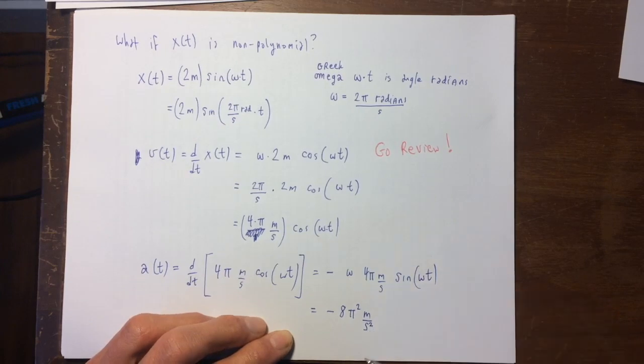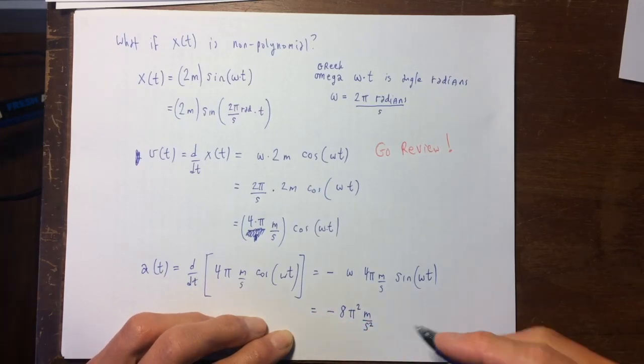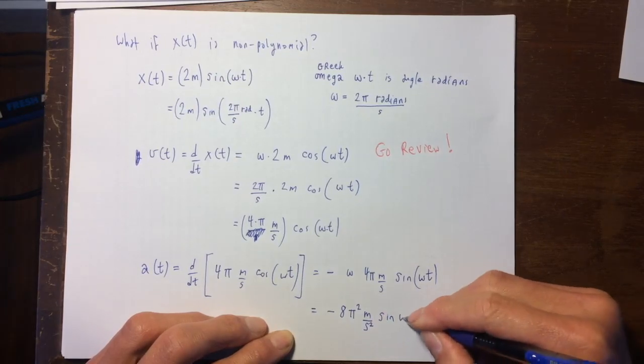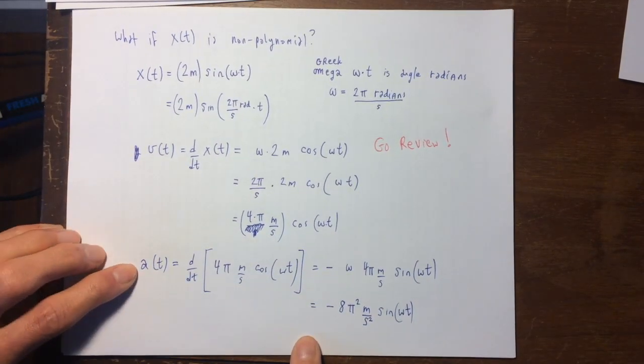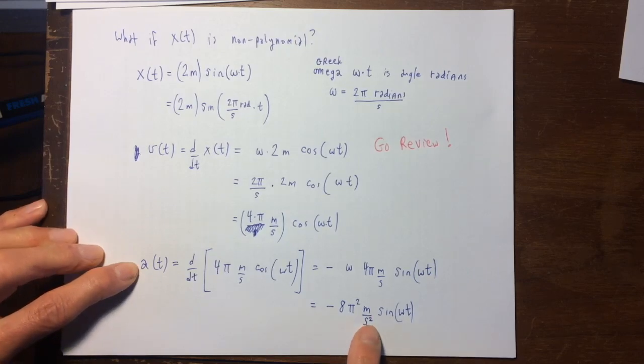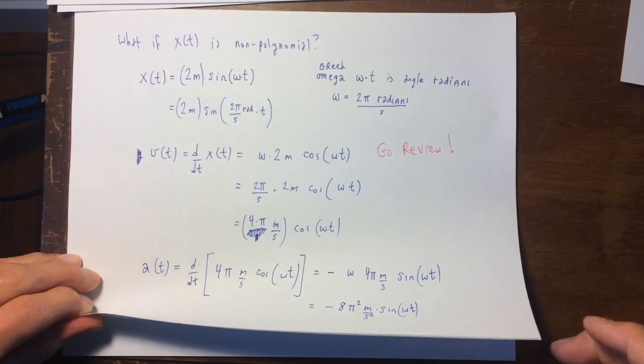Pi squared is roughly 9, right? 3 times 3, a little bit bigger than 9. 9 times 8 is about 72. So this is like negative 75 meters per second squared, multiplying the sine of omega t. So I just calculated an acceleration. It's got acceleration units out front, and then there is the wiggle that it multiplies on.